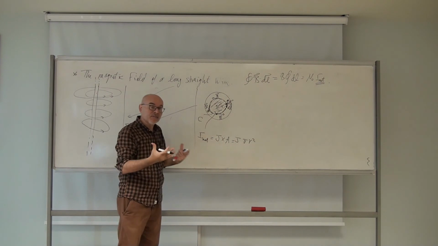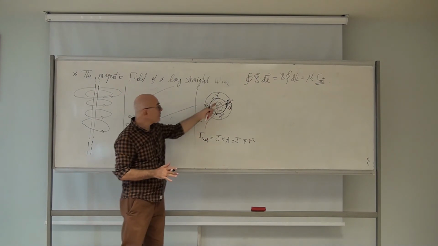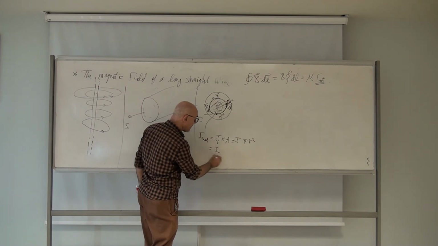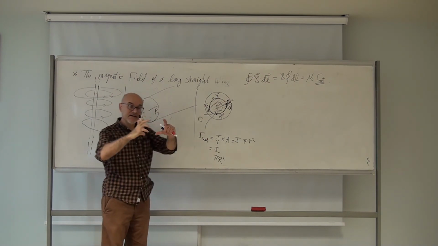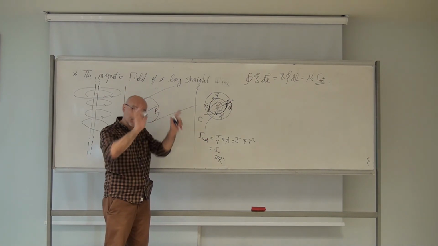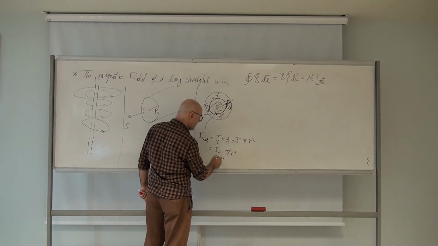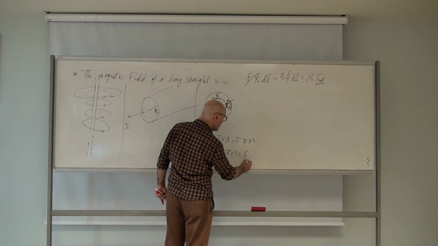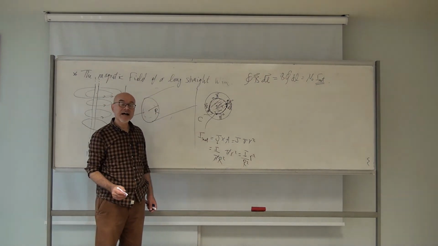I am given in the problem that the current is uniformly distributed over the cross section of the wire, so the current density is just I divided by pi R squared, where R is the radius of the wire itself, over which the current is distributed. So I over pi R squared multiplied by pi r squared. Now these cancel, and it becomes I over R squared multiplied by r squared. This is my I net in this case.